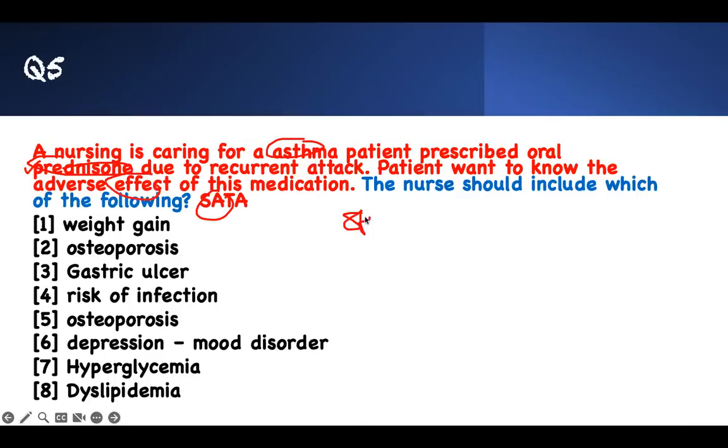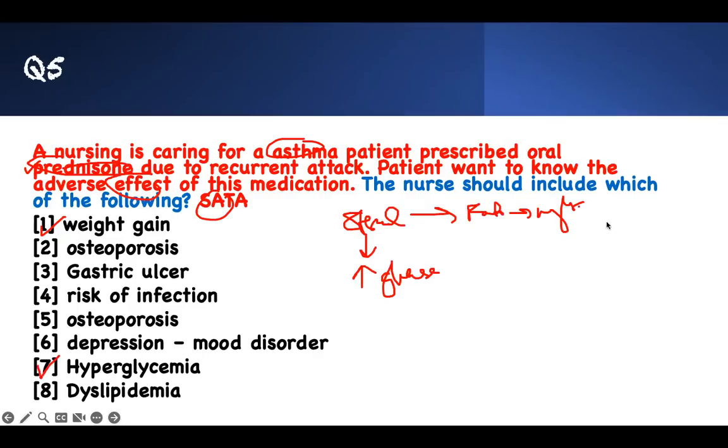If I give you a steroid, what will happen to you? Steroid is notoriously bad in terms of it deposits fats. If you deposit fats, you gain weight. So weight gain here. Cortisol is a stress hormone. As it stresses you up, it increases your glucose. So hyperglycemia.